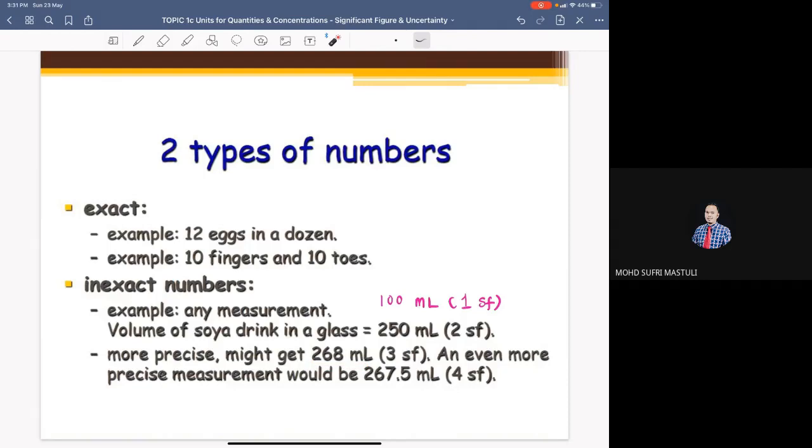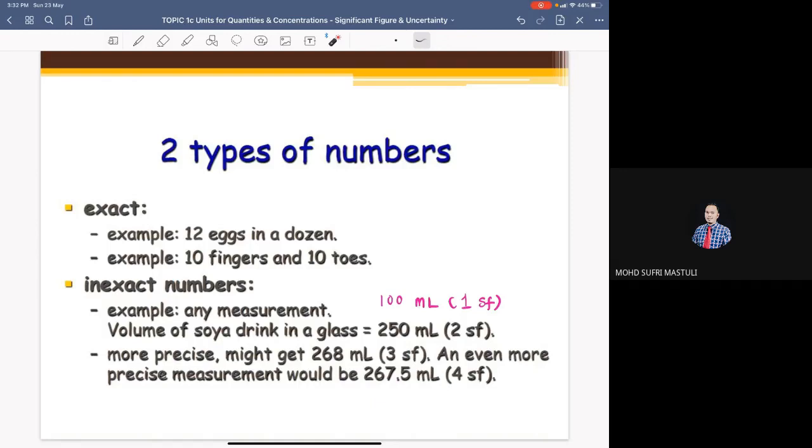So this one is 3 significant figures. And even more precise, in decimal point, 267.5 milliliter. When you round up, you get 268. So the significant figures for this number, 267.5, is 4 significant figures.